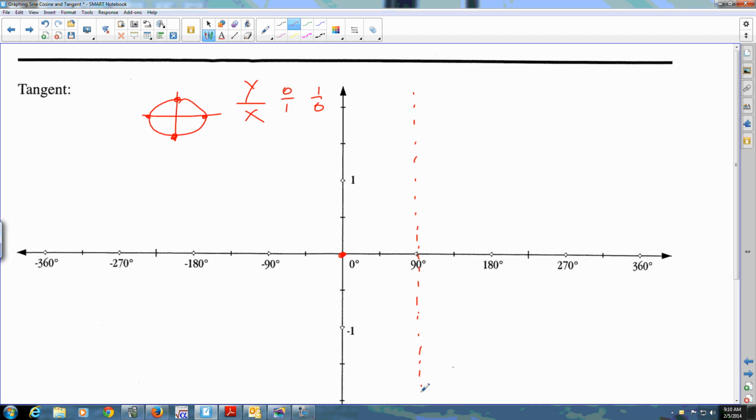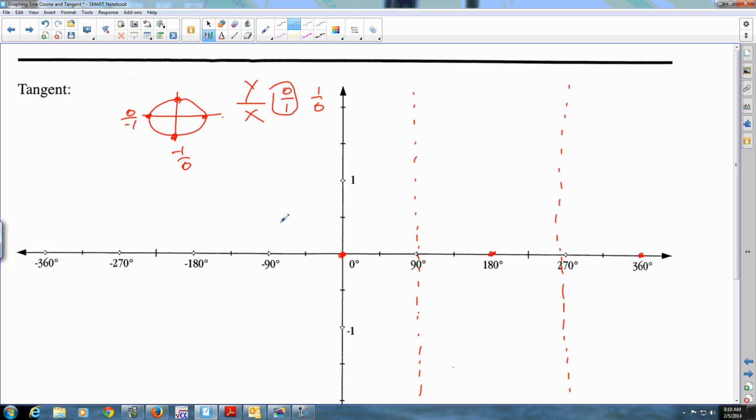So there's a vertical asymptote at 90. At 180, that's going to be 0 over -1. So you're back at 0 again. At 270, you're going to be -1 over 0, so there's another vertical asymptote at 270. At 360, you have the same thing as you were initially, so you're back at 0.